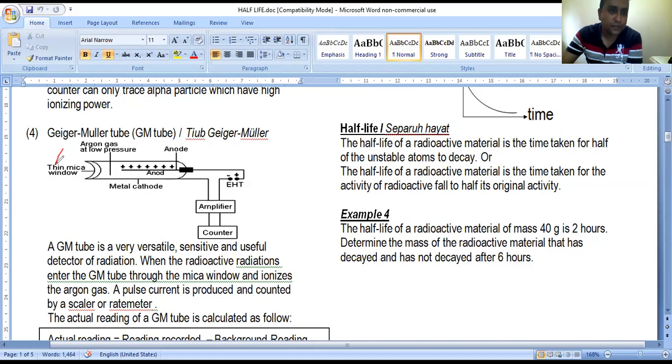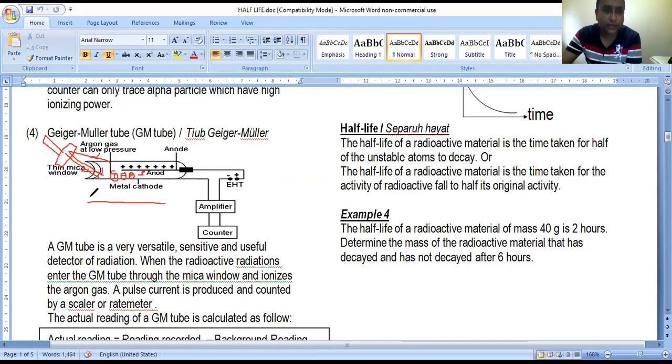Let's say when you bring the radioactive source, the radioactive source will emit radiation. When the radiation passes through, it will ionize the argon gas into positive and negative ions. The positive ion and the negative ion will start to move to their respective electrodes.